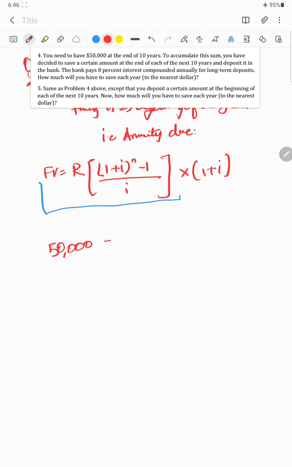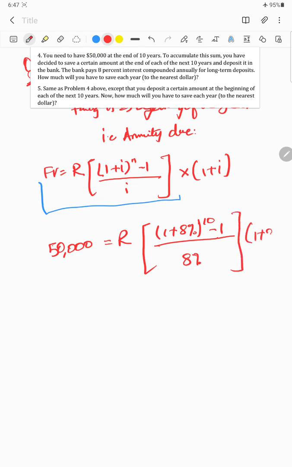So let's add the values here now. 50,000 equals R times (1 plus 8%) to the power 10 minus 1, divided by 8%, times 1 plus 8%.